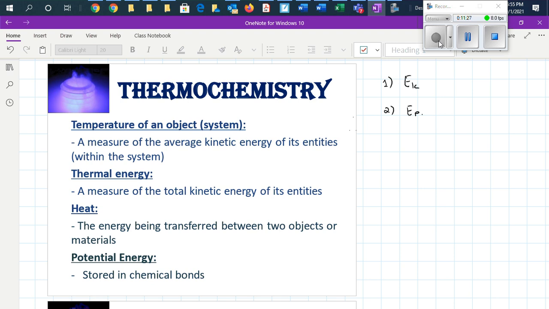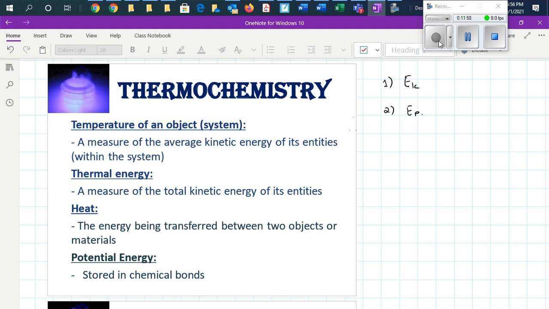On the other hand, the potential energy, and in general every potential energy, is stored, and in our case, for thermochemistry, the potential energy is stored in the chemical bonds. Now, when we talk about temperature, you can say it in different forms.